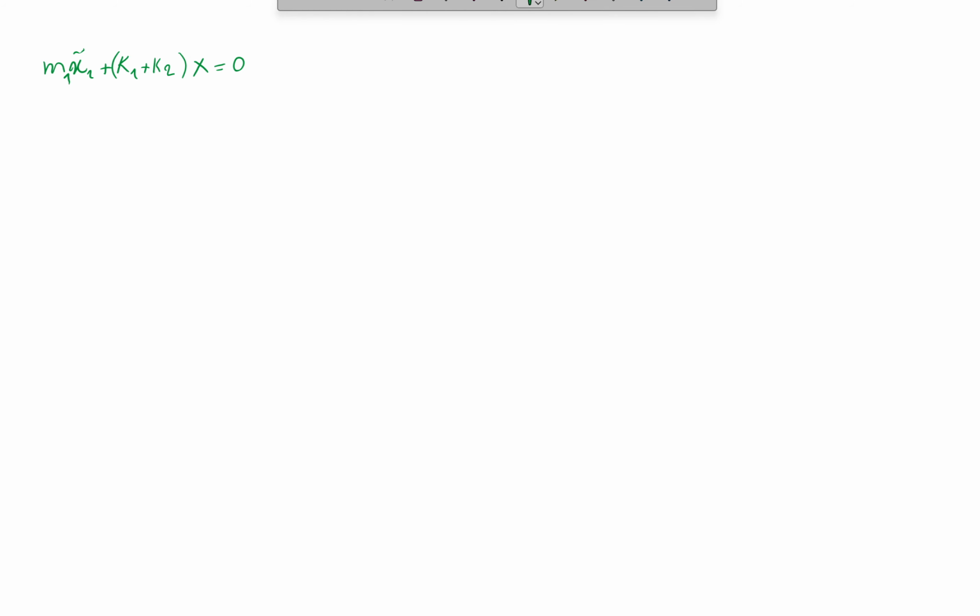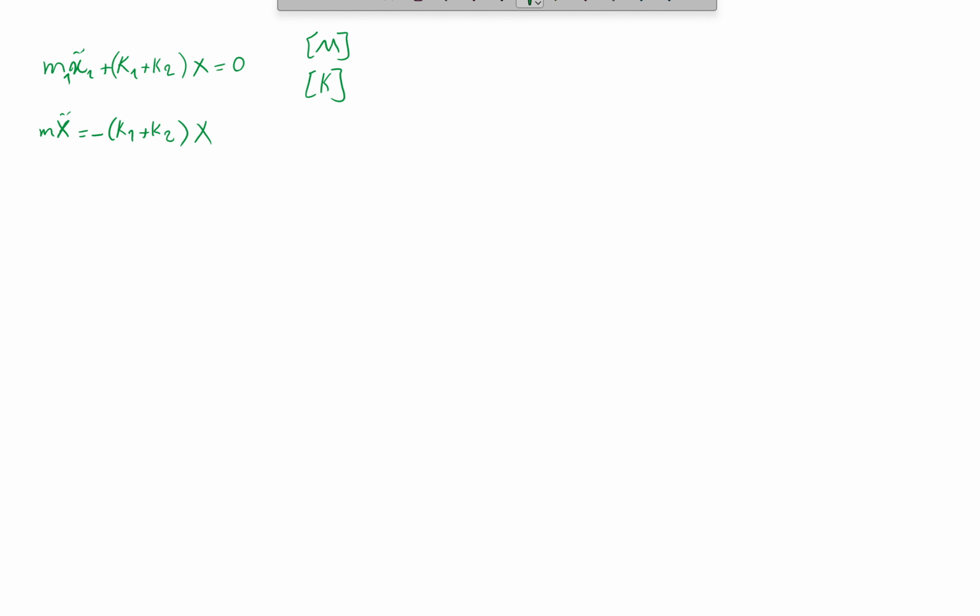There are two mistakes you can make here when writing the M or K matrix. One is that you take this term and put it over to the other side, and so you write M x double dot equals minus (K1 plus K2) x.